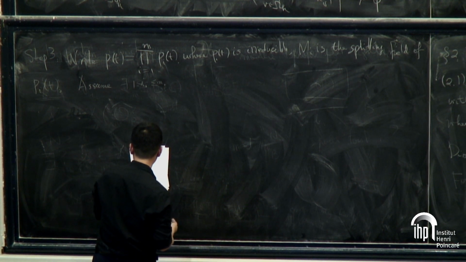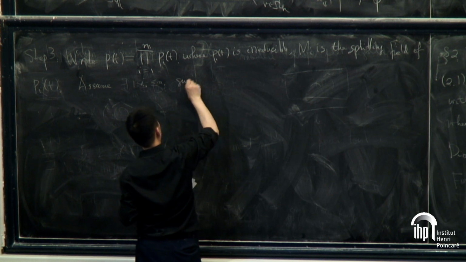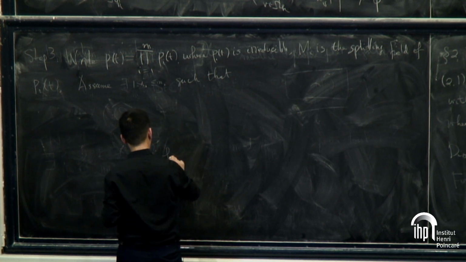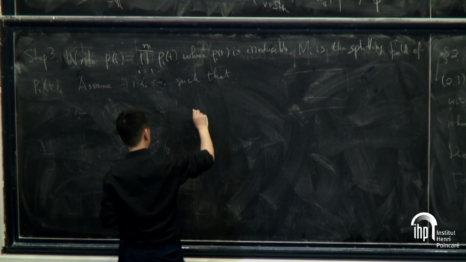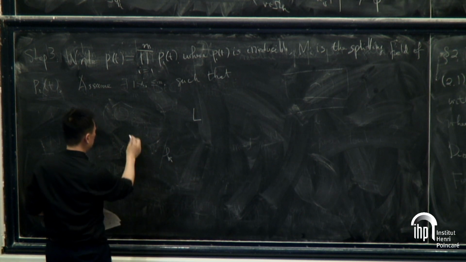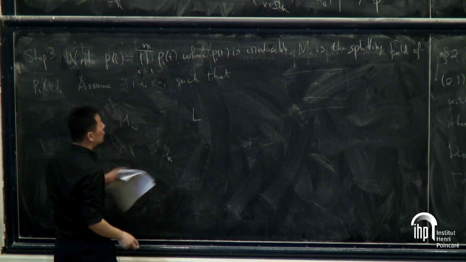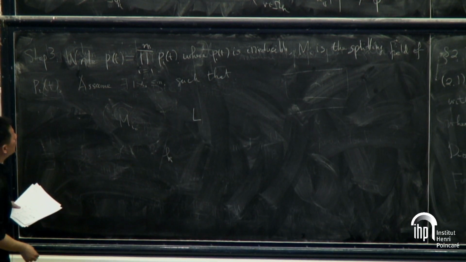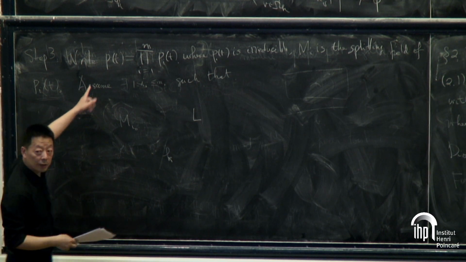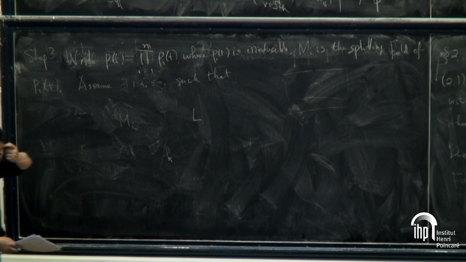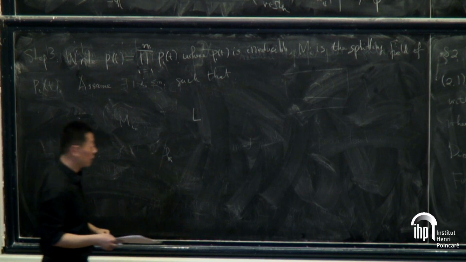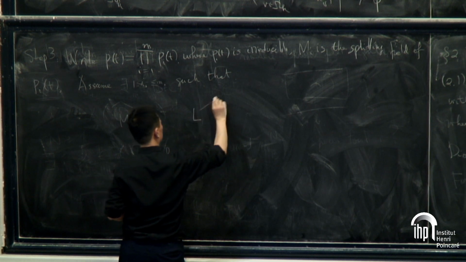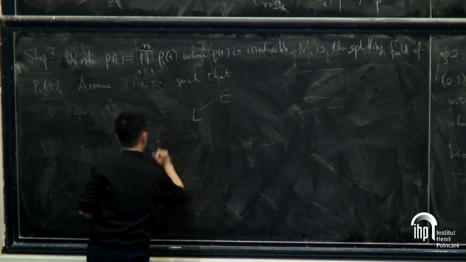Assume there exists this i0 such that I have such pictures like this. I have a K, then I have this cyclic extension, then I have the splitting field M_{i0}, which is the splitting field of this polynomial P_i. And because I assume this P is separable, so all these irreducible primes are distinct. And I assume these pictures. I assume this intersection of this one.